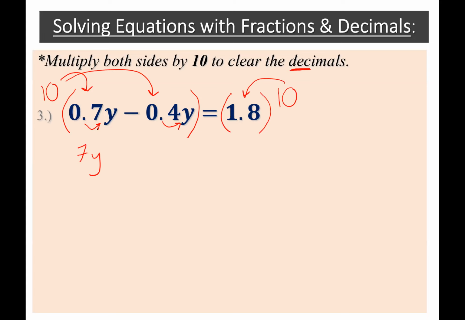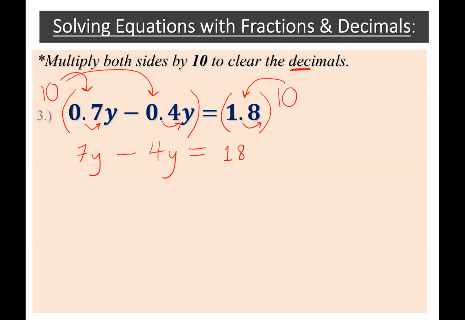So here's what I've written so far. As I'm distributing the 10 on the left side, instead of 0.7y, I've written 7y. Then a minus, and instead of 0.4y, I'll just write 4y, equals. On the right side, 1.8 times 10, if I move that decimal over once, I get 18.